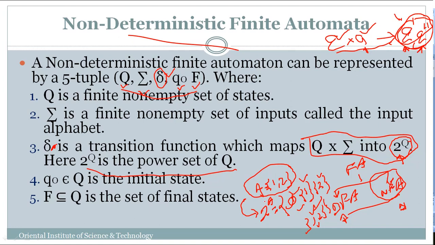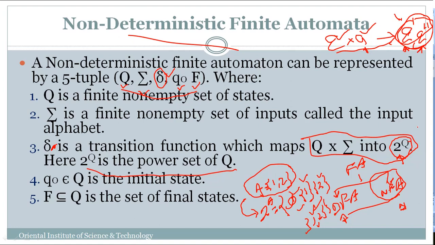If we have 3 states in the original set, then its power set should contain 2 to the power 3, that means 8 subsets including phi. Similarly, if you have 4 states, then its power set contains 16 possible sets.